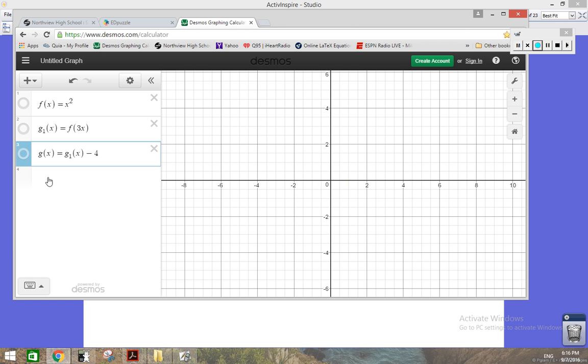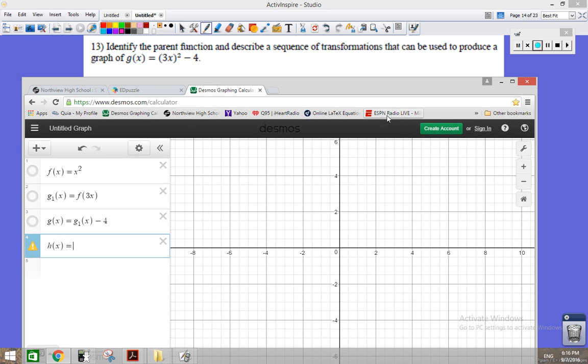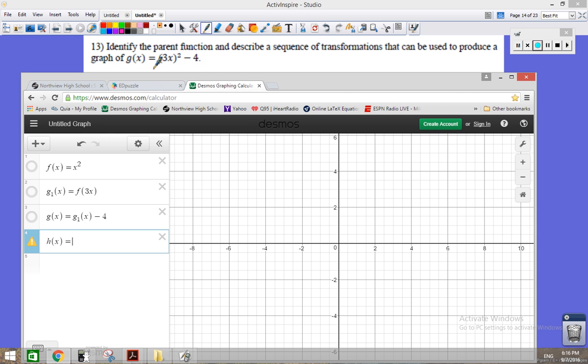Well, let's check and see if that is the correct answer. Let's just call this new function some other name, h or whatever it is. And if we didn't know anything at all about these transformations, and we came in and we just graphed this quantity (3x) squared minus 4, here's the graph that we would get that's in black here.